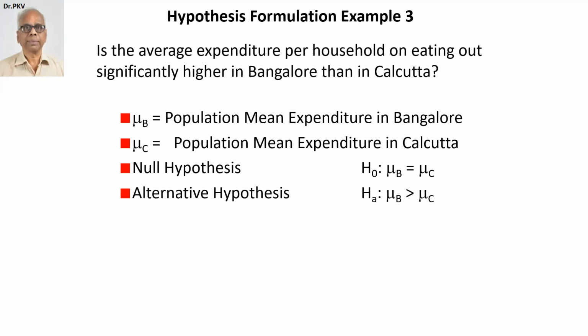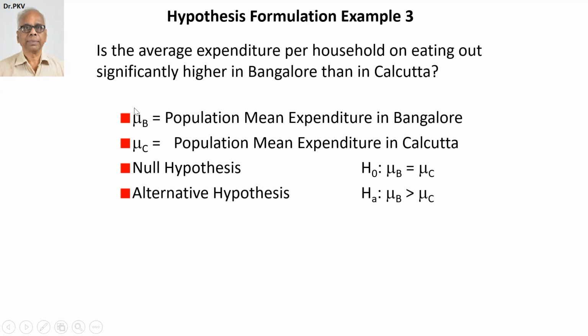Is the average expenditure per household on eating out significantly higher in Bangalore than in Calcutta? The first 2 examples are depending upon a single population, univariate. Here we have to compare population behavior of Bangalore and Calcutta.